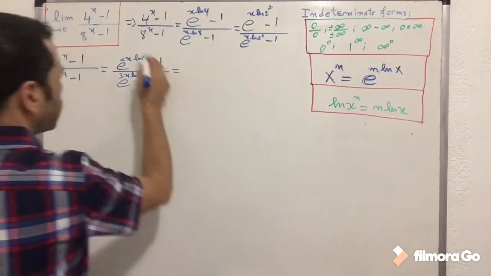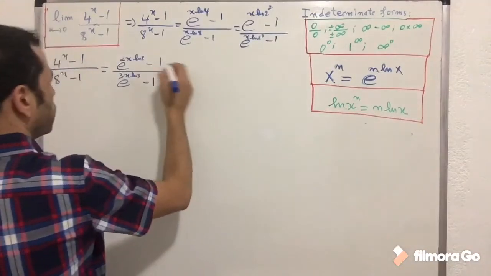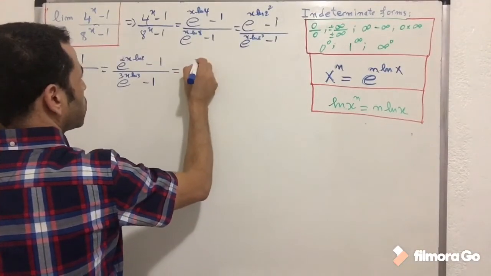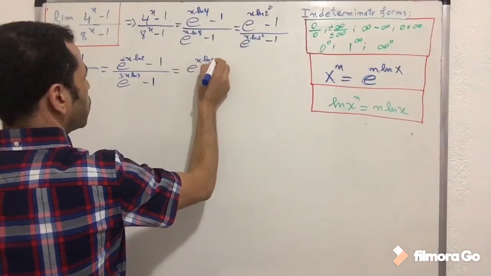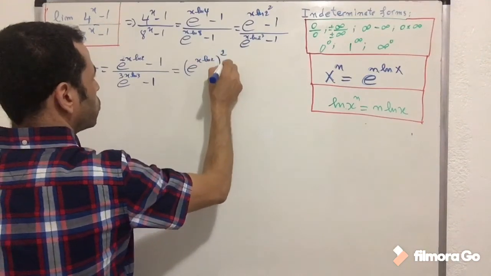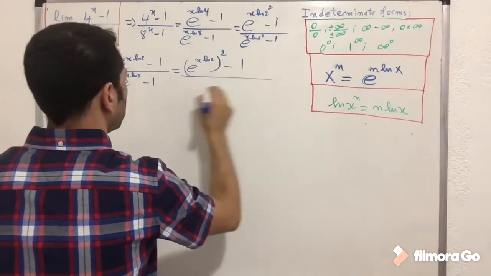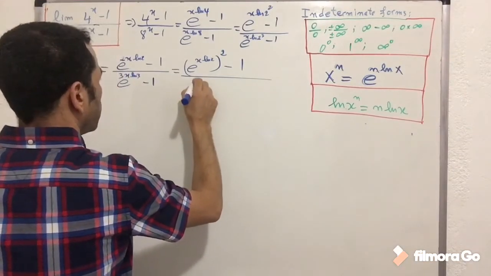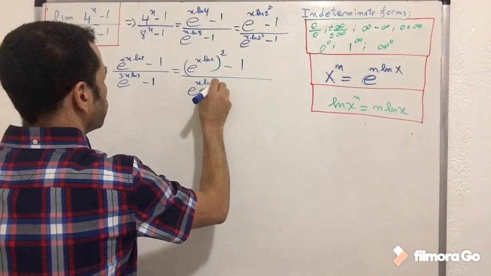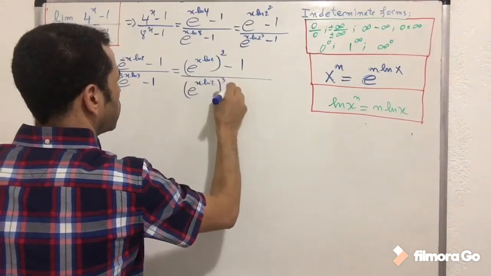You can also put it in this form: exponential of x natural log of 2, to the power 2, minus 1, over exponential of x natural log of 2, to the power 3, minus 1.